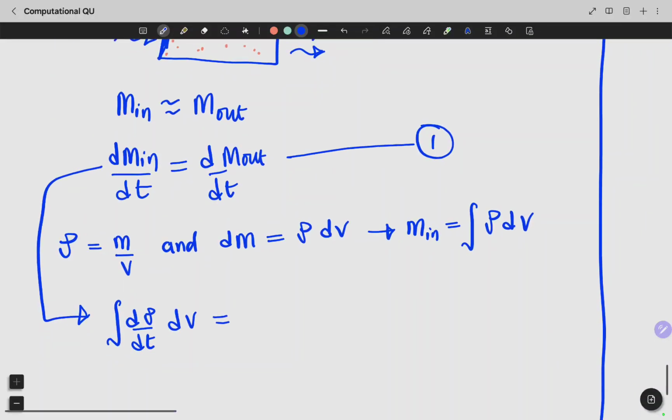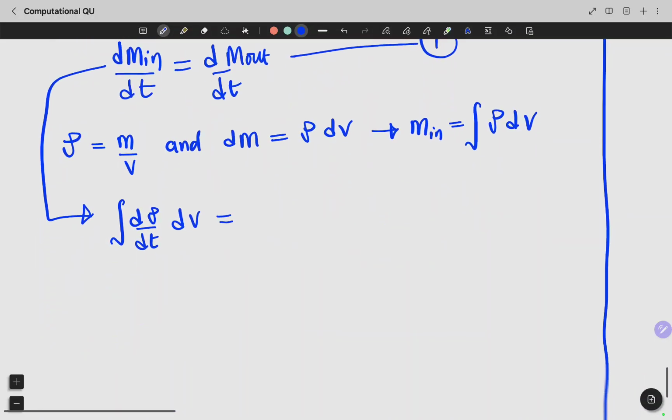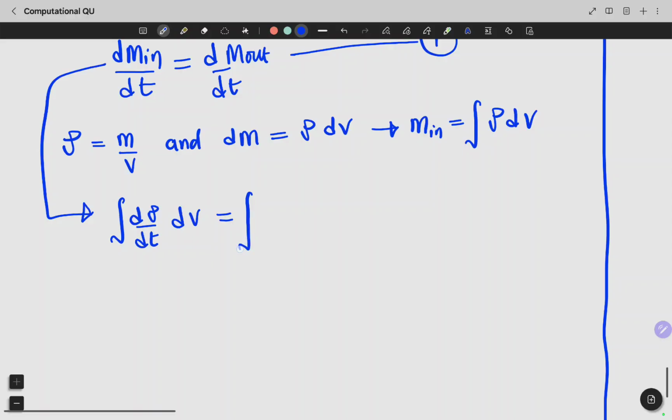Okay, so let's first write it in. So don't forget, this is in, then you will have rho out, and then dV, right?